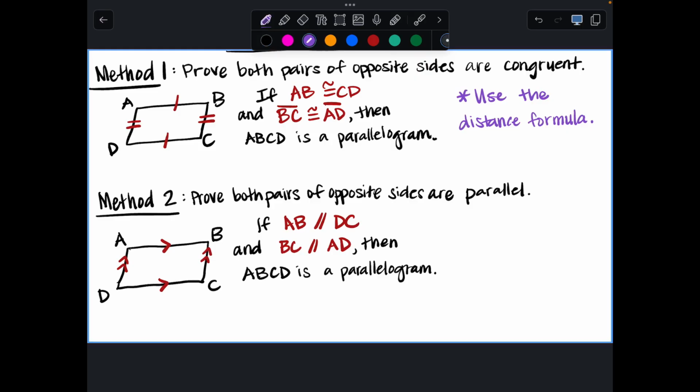If AB is parallel to DC and BC is parallel to AD, then ABCD is a parallelogram. For this method, you're going to use the slope formula.